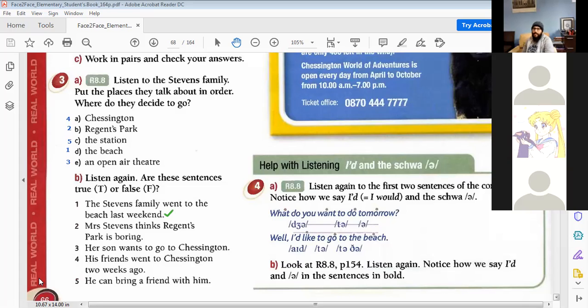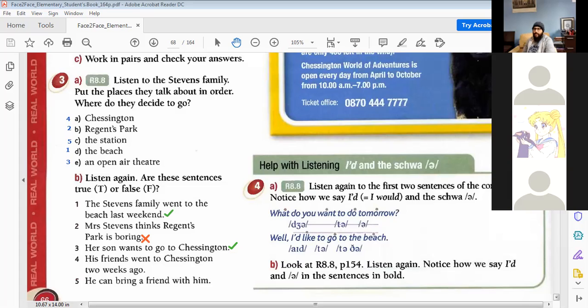Mrs. Stevens thinks Regent's Park is boring. False. Who thinks it's boring? Her son. Her son wants to go to Chessington. True.